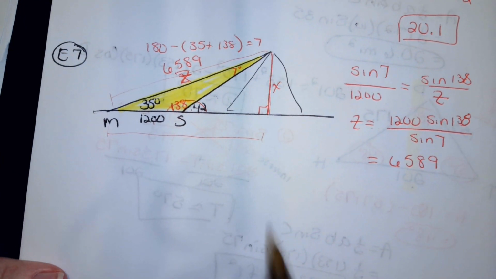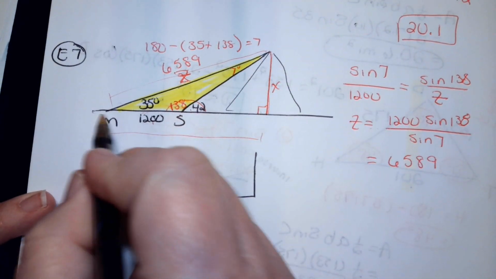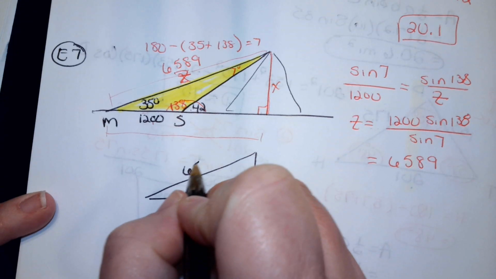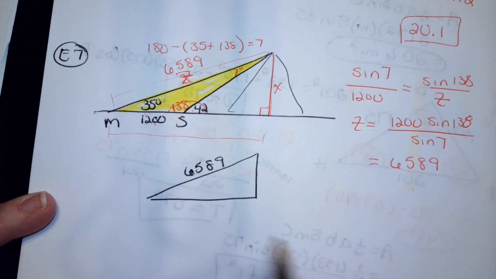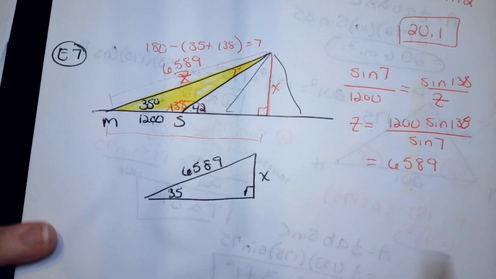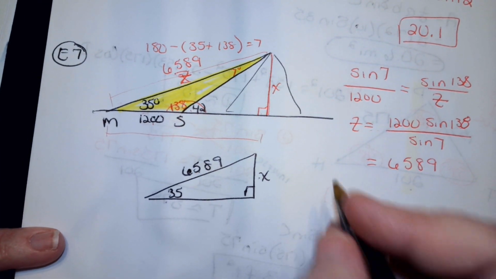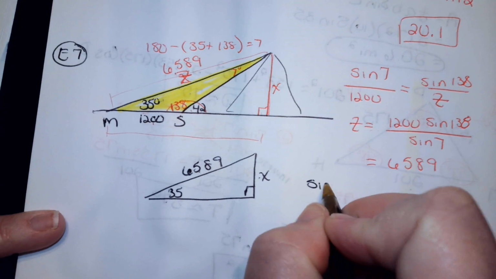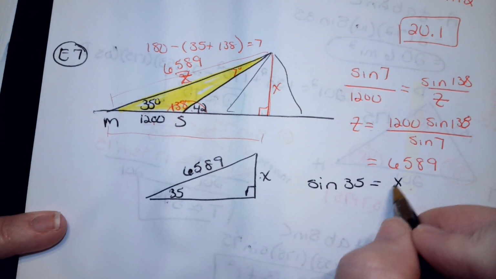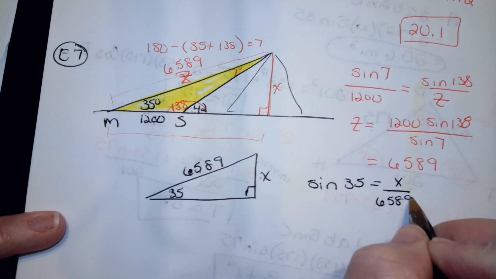Right, now to help you visualize this a little better, let's see what we actually have right here. I'm drawing the big triangle right here. This is 6589. This right here is 35 degrees, and we're looking for x. We've got opposite and hypotenuse, so we can just use regular old trig. So we got the sine of 35 equals opposite of x over the hypotenuse of 6589.